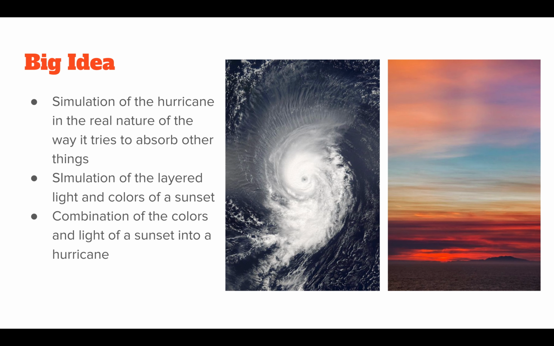It tries to absorb all the other things, but basically it is dark gray or white in color. However, if I can combine it with the colors of the sunset, it might be more cool and more beautiful.